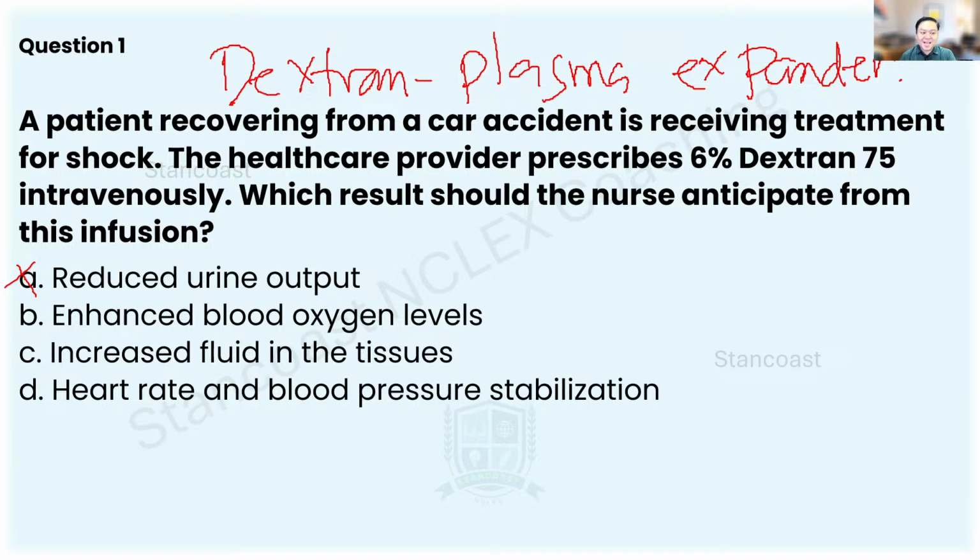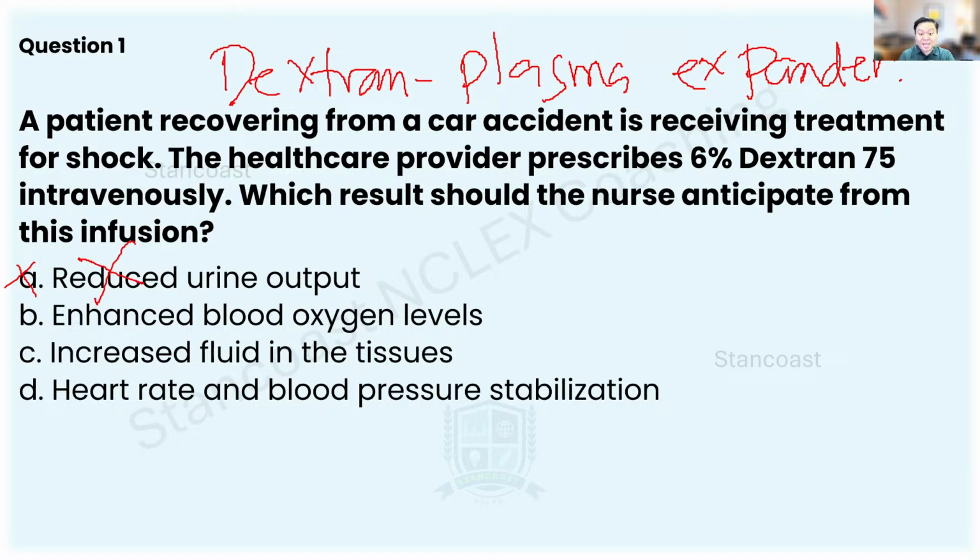What it does is increase the blood volume and improve the circulation. It can also increase the urine output, as the kidneys will be receiving more blood and will be able to filter more efficiently. So reduction of the urine output is wrong.